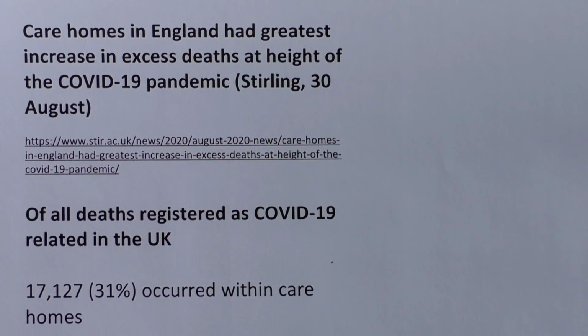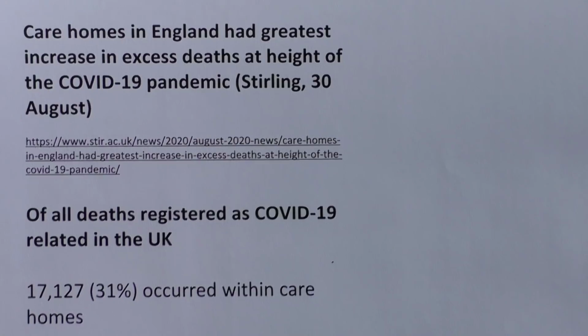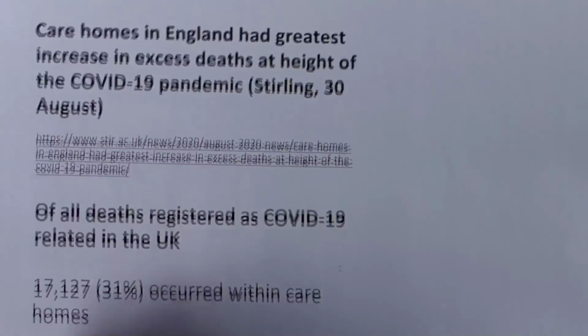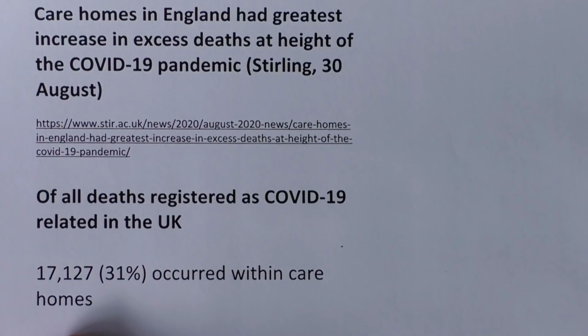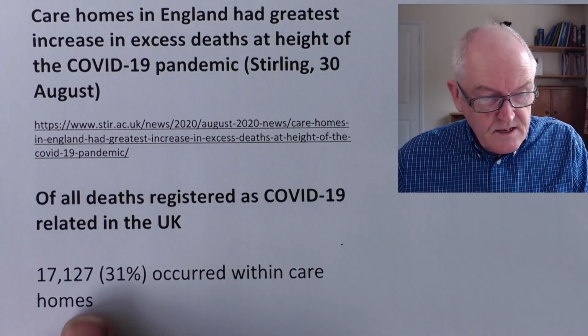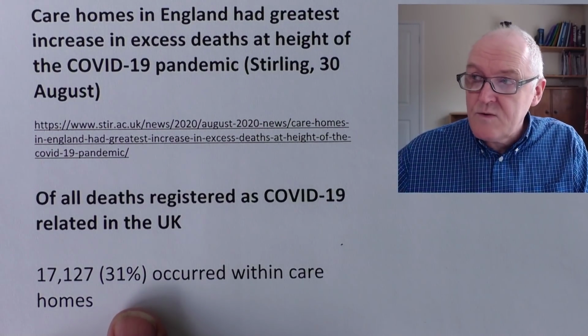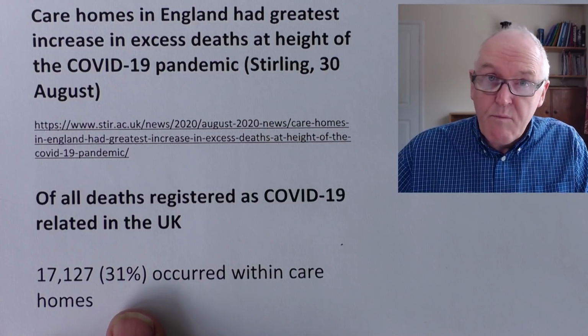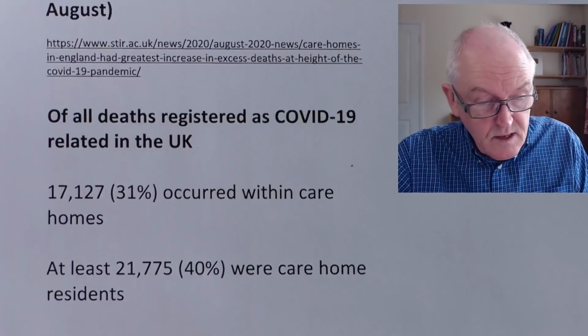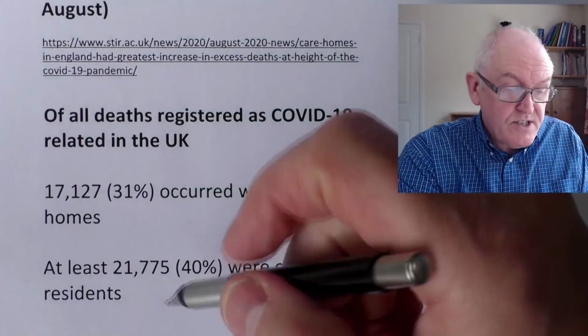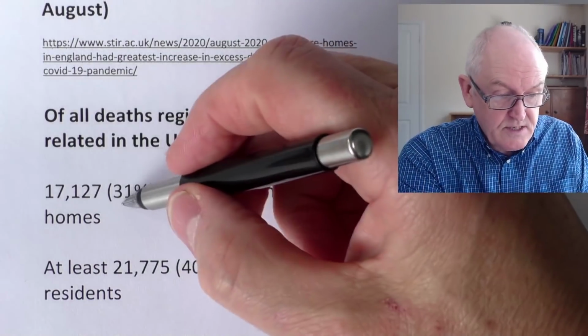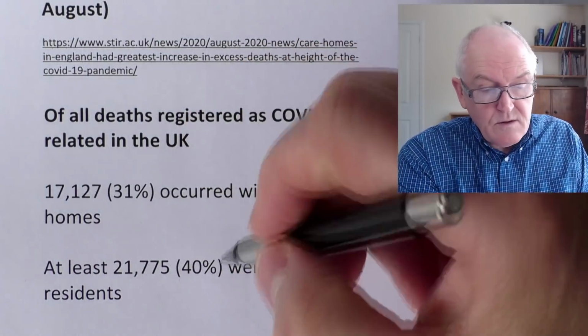Now, what they found was, of all deaths registered as COVID-19 related in the UK, this many here, 17,127, 31%, occurred within care homes, actually on the premises in care homes. But 40% were care home residents, meaning that some of the poorer residents had been taken to hospital but still died.